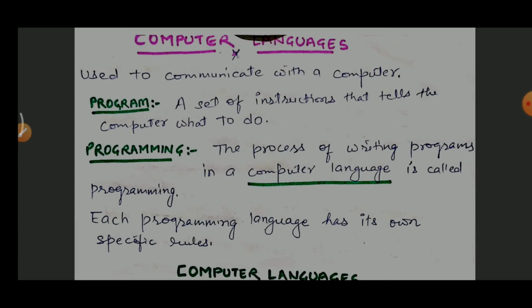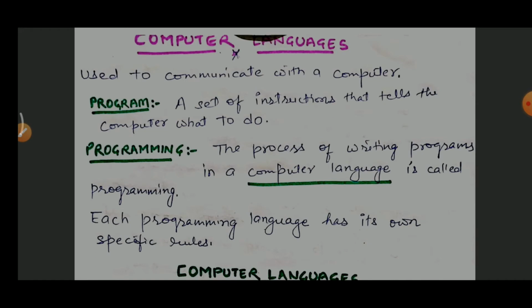Programming is the process of writing computer programs in a computer language. So what is the use of a computer language? Computer languages are used to construct programs, and programs instruct the computer what to do and how to do it. Each and every programming language has its own specific rules, which are known as syntax.